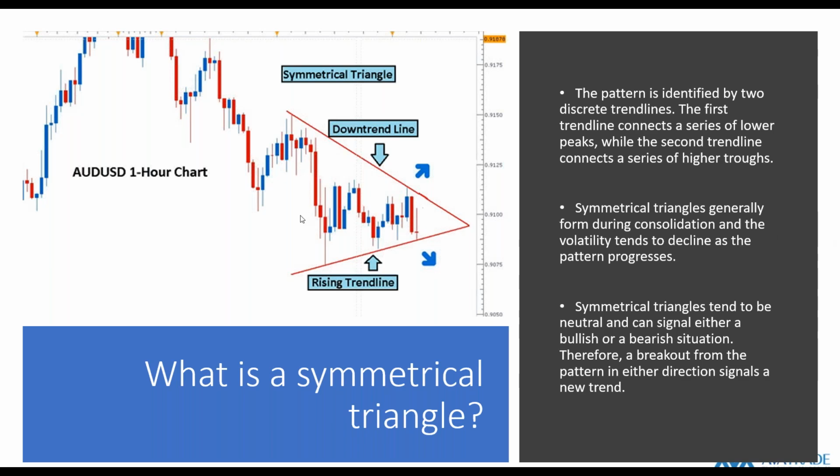As price moves into the apex, and this is the only thing I'm concerned with, as price is moving into this apex, it's getting tighter and tighter. We should see volume declining and lower volatility as the price gets forced into here. That means all the traders on the sidelines are waiting for something to happen.